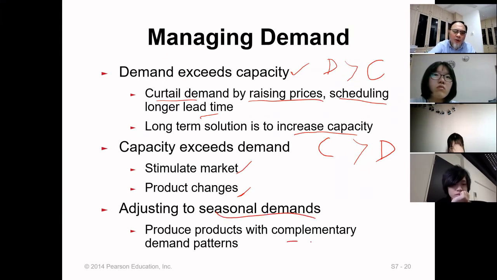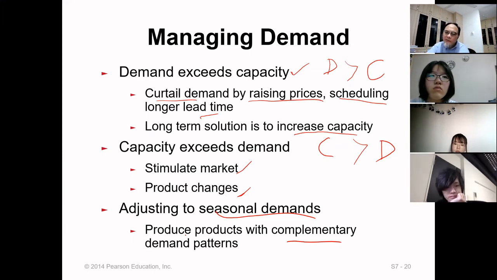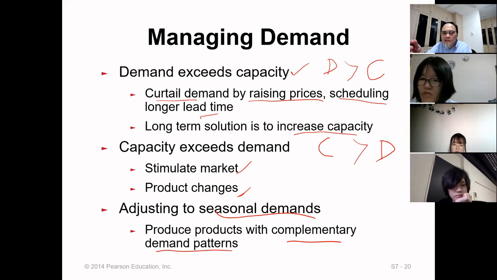You have to have complementary products, a different product range, suitable for winter, summer, spring. Clothing will have different seasons, so they can complement demand patterns. Demand patterns change throughout the year, especially for countries that have 4 seasons.